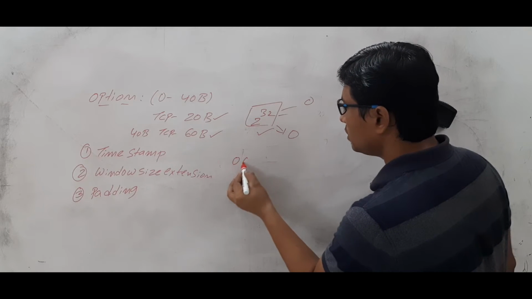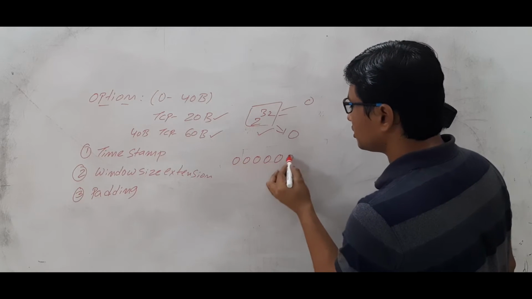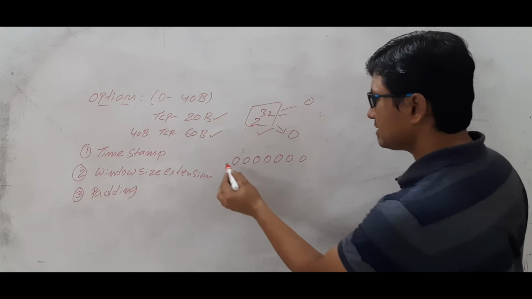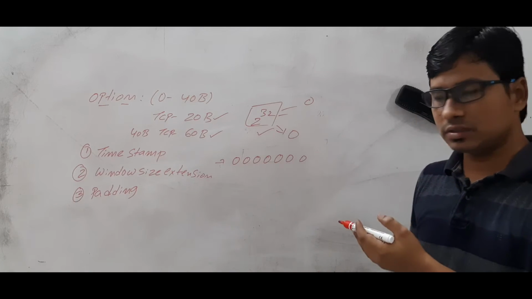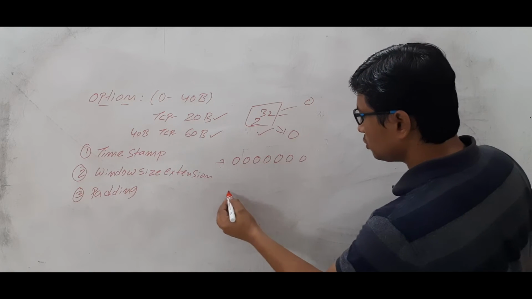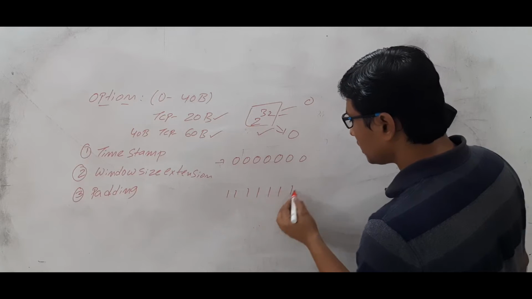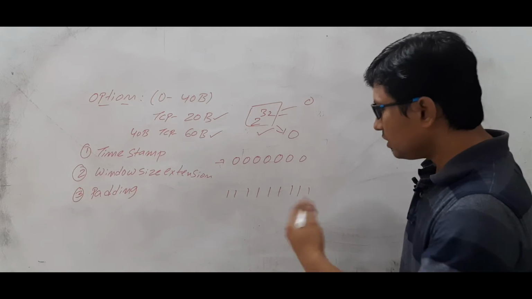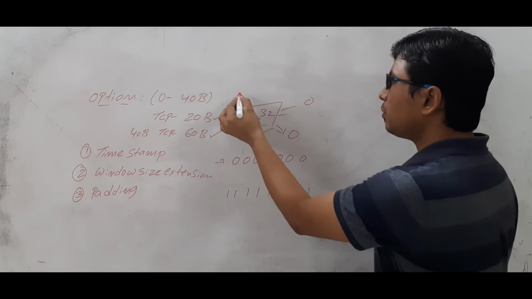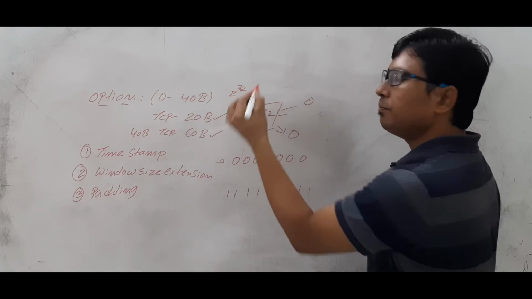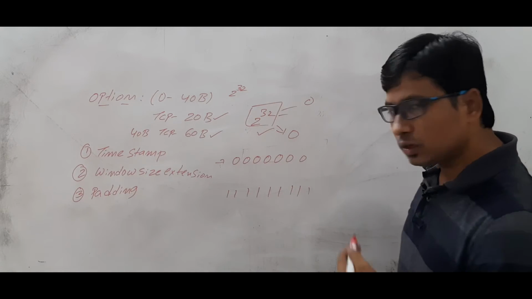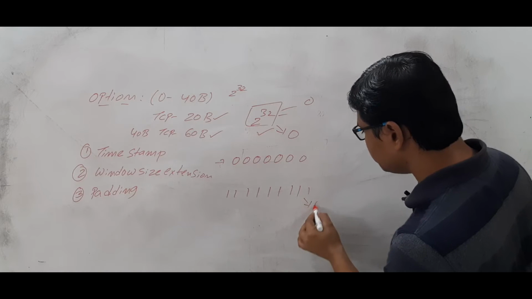You have 0, 0, 0. For the 0th byte you are assigning a sequence number of all zeros. Then for byte 2 power 32 minus 1 you will allocate all ones in the 32 bits. Once it is finished and you want to assign sequence number to byte 2 power 32, again you will assign 0.